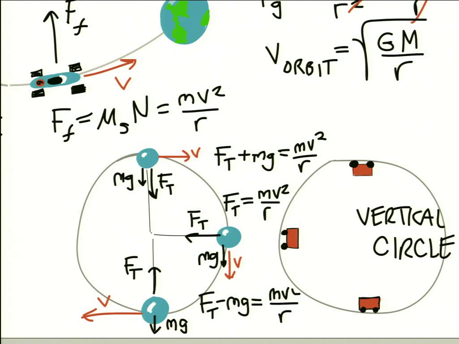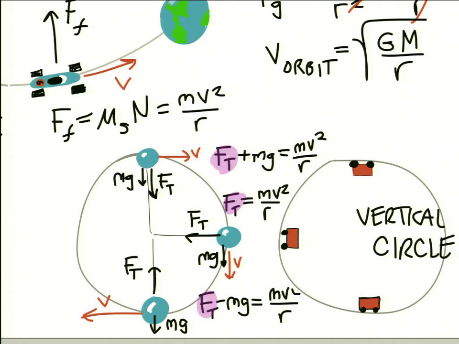Sometimes you can see this problem can be set up as a track problem. And so on the right I have the same situation only set up for a cart, like a roller coaster cart. The only thing that would happen here is that the force of tension in this case would be replaced with the normal force, in other words, the force on the cart by the track.